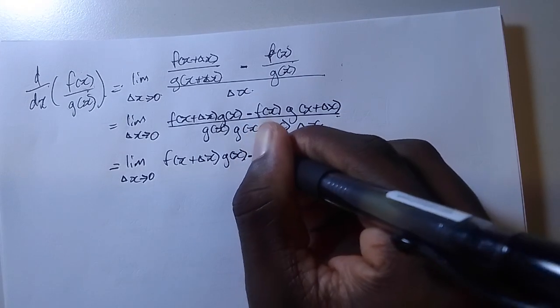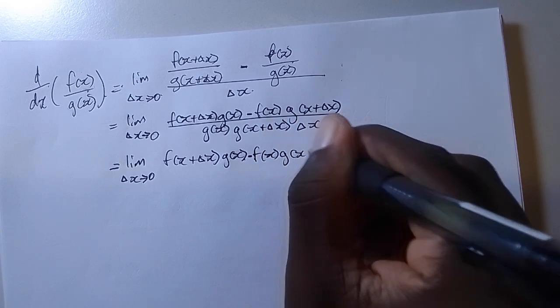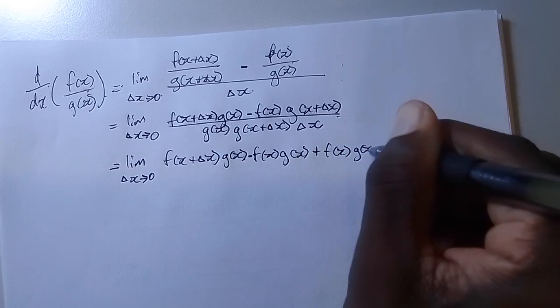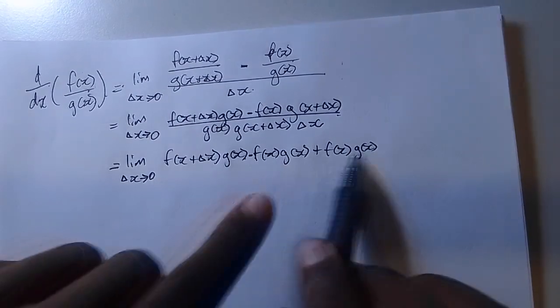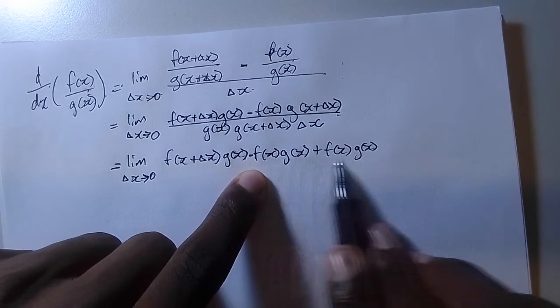We'll subtract f(x) g(x) and add it back, f(x) g(x). Right, what does this mean? I minus something and add it back, which means this is just 0.